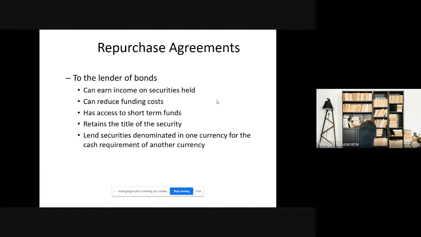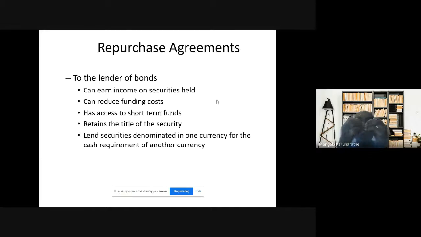Why do you say funding costs? Because now you are giving government securities which have zero credit risk. Now, this interest rate is comprised of the base rate plus the risk component, no?